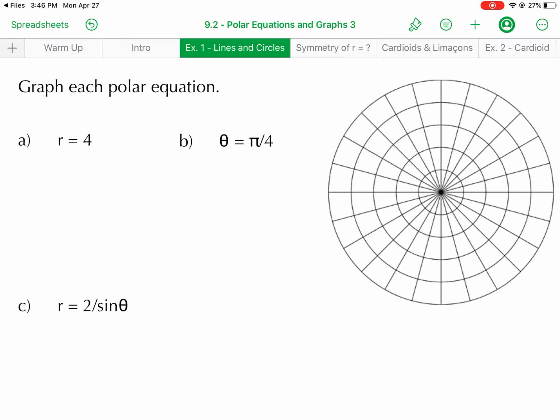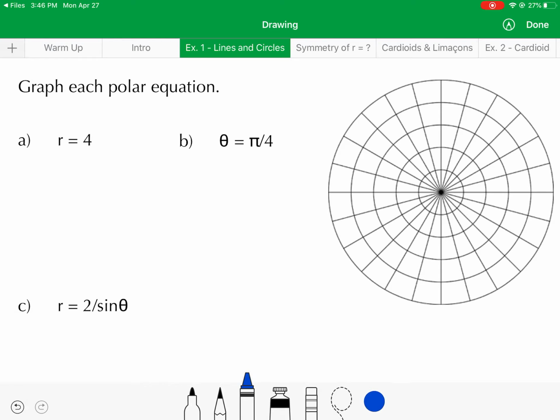So r equals 4. To get this one into rectangular form, all I need to do is square both sides of the equation. Okay, r squared is x squared plus y squared, and then of course 4 squared is 16. So that should look really familiar to you now in rectangular form.